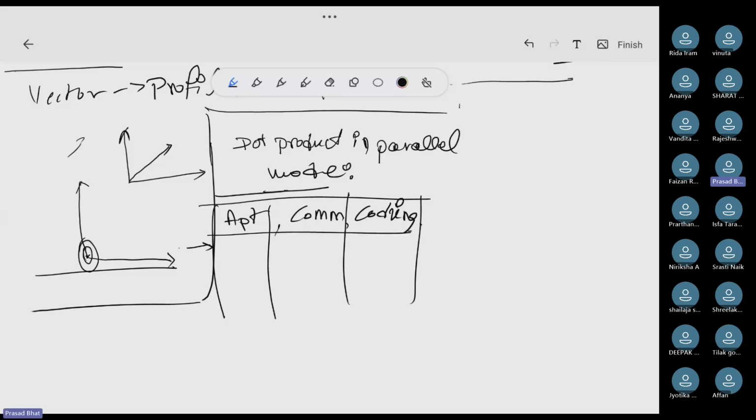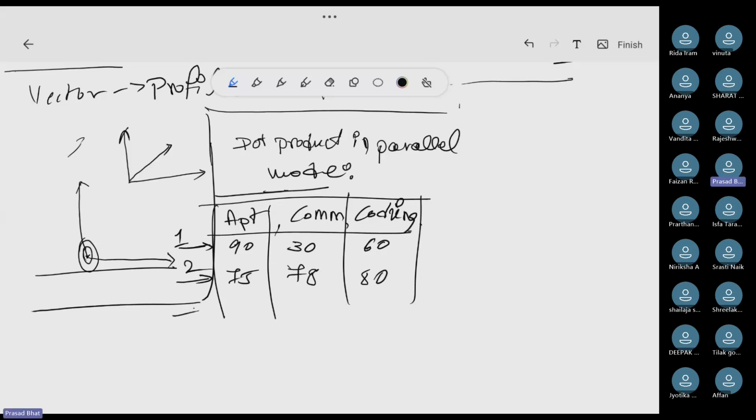Student 1 got aptitude 90 marks. For communication he got 30 marks. For coding maybe he got 60 marks. Then student 2 got 75 marks in aptitude, 78 in communication, and maybe 80 in coding. He is an average person, let's say.